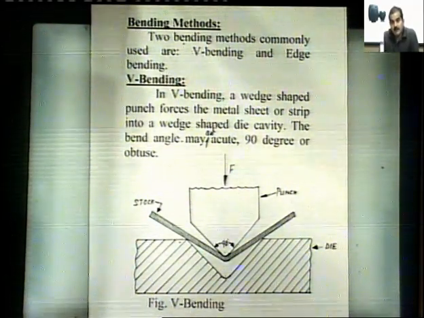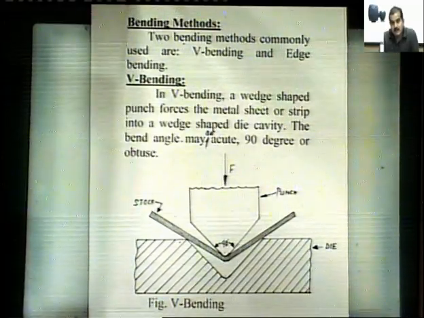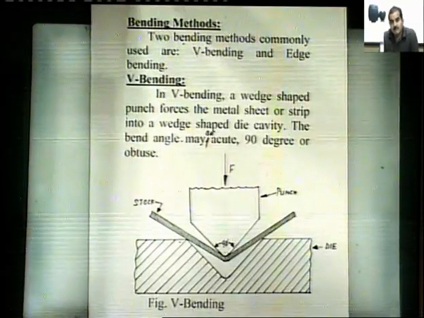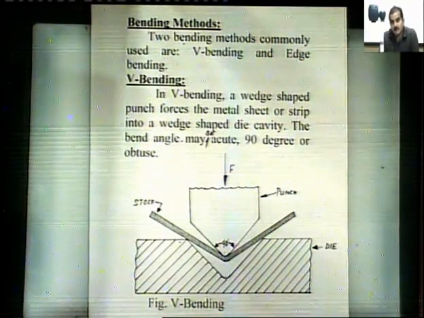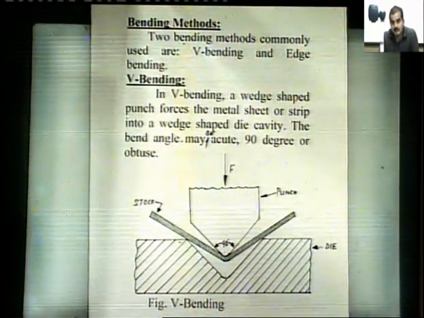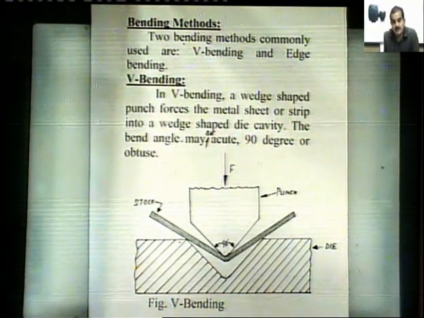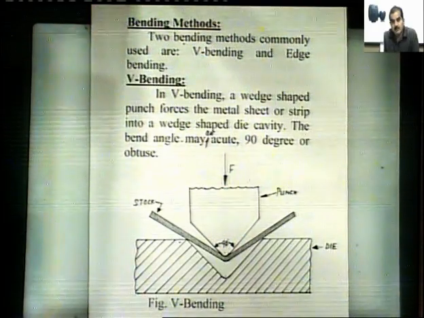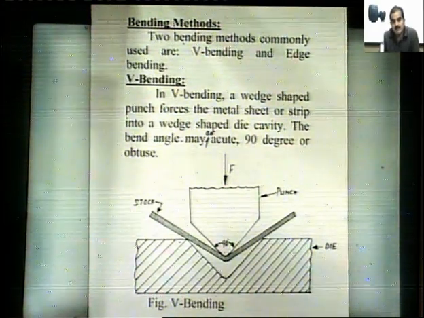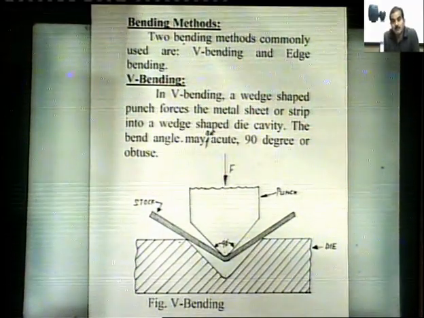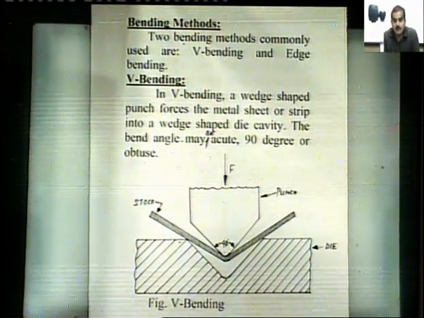The bend angle may be acute, 90°, or obtuse. Acute is an angle less than 90°, and obtuse is an angle more than 90°. So, we can have any type of angle.